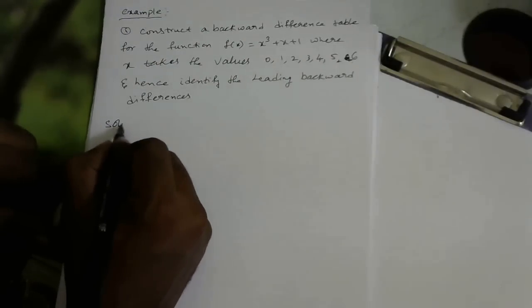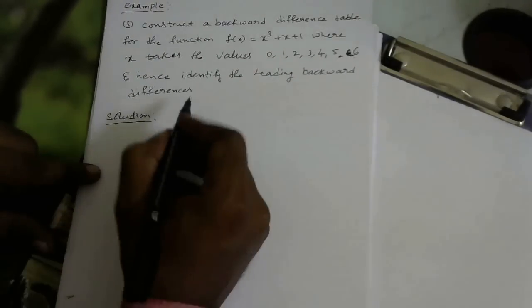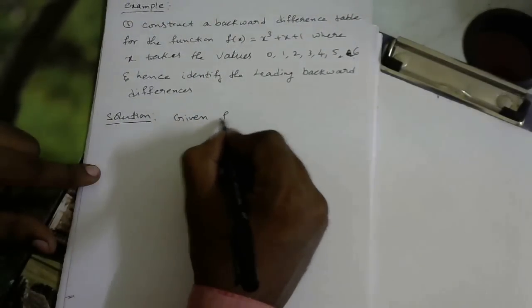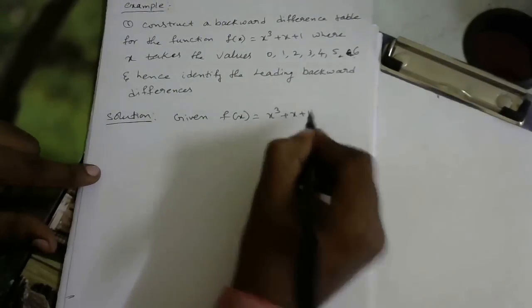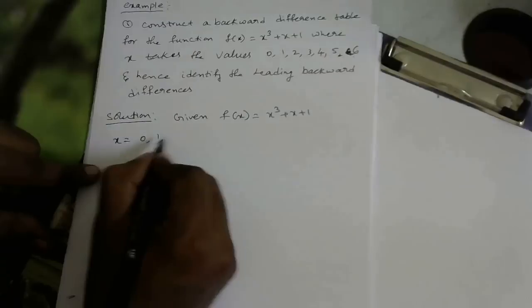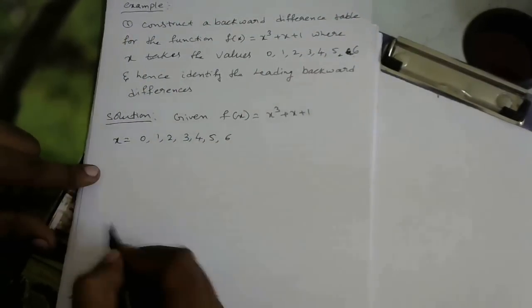So, solution. Here, what is given? Given f of x equals x cube plus x plus 1, and the given x values are 0, 1, 2, 3, 4, 5 and 6.